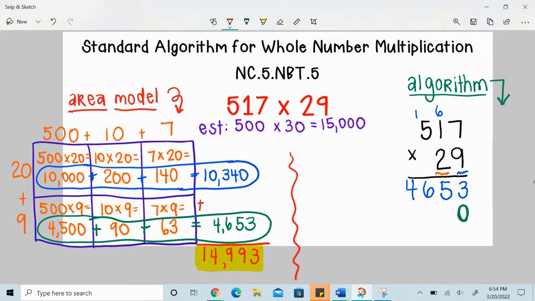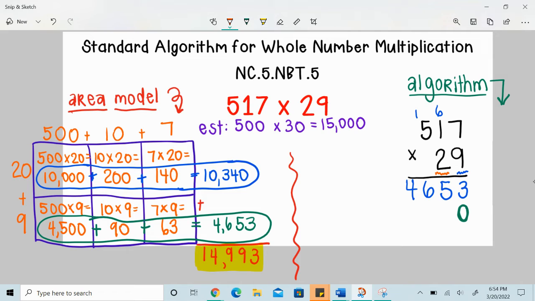We just follow the steps of the algorithm and use our basic math facts. However, in this case, we do need to remember to put the placeholder 0, because what that will do is shift all of our digits one place value to the left, making them 10 times greater. So it will be like I really did multiply by 20, even though as I think through this, I'm just going to think 2 times 7 and 2 times 1 and 2 times 5.